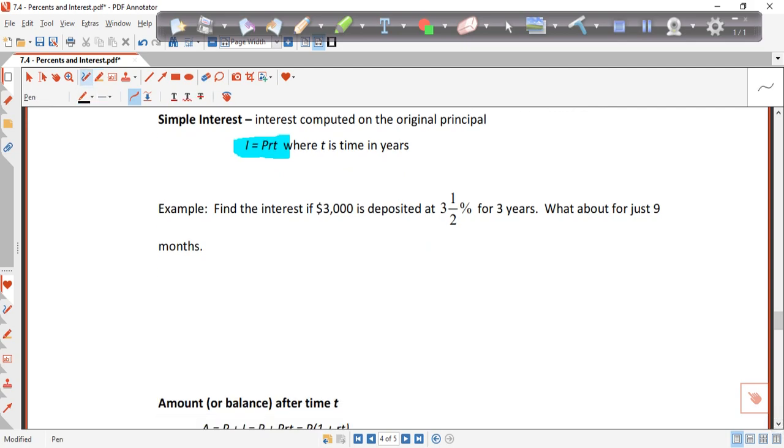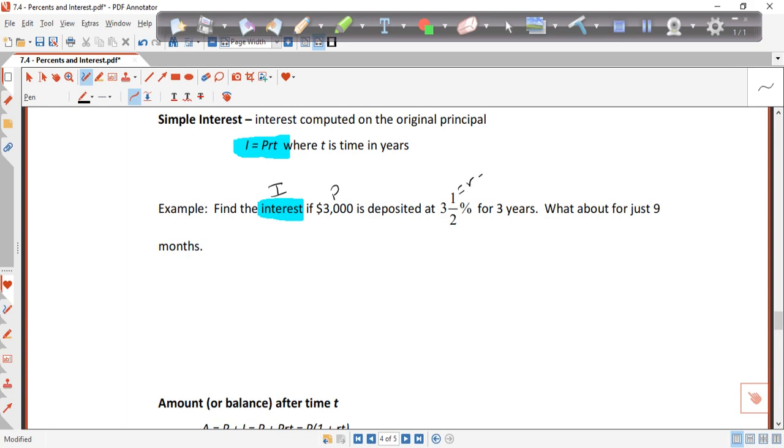Okay, so all we're doing is finding the interest. We're going to use this formula, I equals PRT. So we're going to find the interest. That tells us we're looking for I. If $3,000 is deposited at 3.5% for 3 years, and then what about for just 9 months? Okay, so let's first see. 3,000 is P, that's the amount we're depositing.